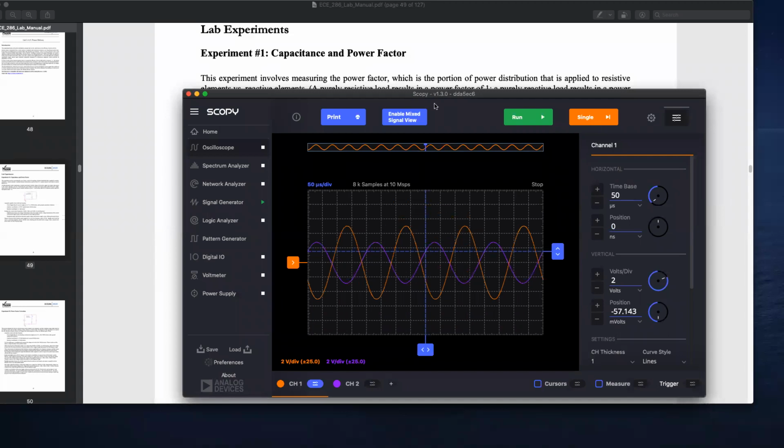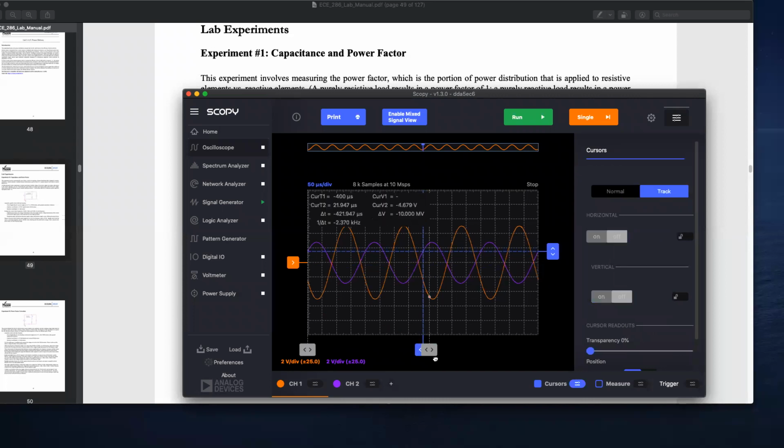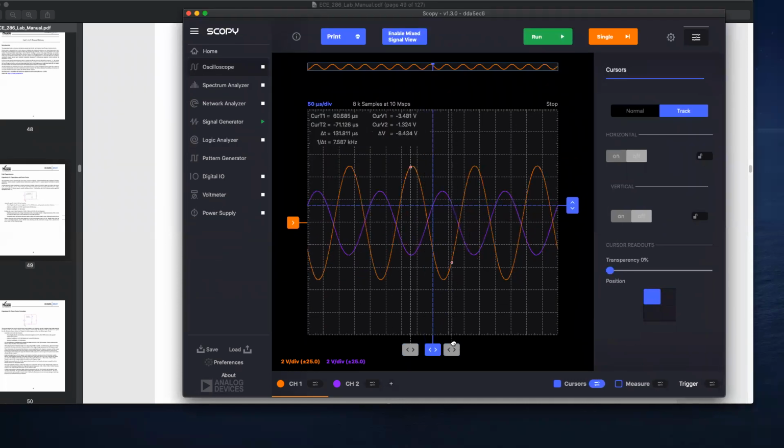Now if you want to measure the phase difference, you can easily go to cursor, do tracking, and then measure it at the two peaks. I'm going to increase the size of this. Okay, so roughly there and there. The change in time is about 100 microseconds.